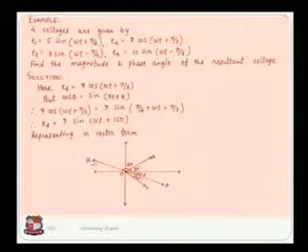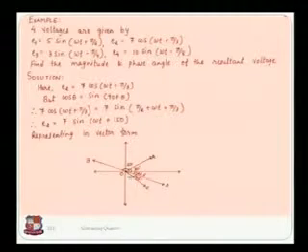If you take the projection of OB on the x-axis and y-axis, it gives a negative value for the x component and a positive value for the y component. So whenever you find the x component of OB, it is negative.